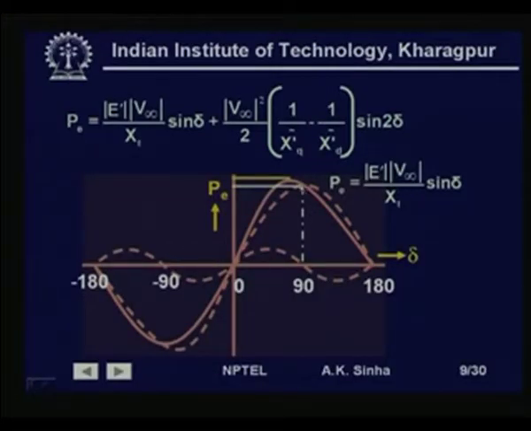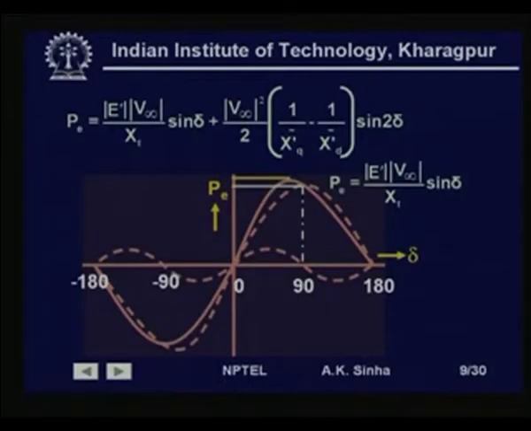So, this point is the maximum power output we can get from the machine. We cannot get any more power output from the machine even if we work the machine very gradually. So, we call this point the maximum power output, or P max, and we also call this point the steady state stability limit.